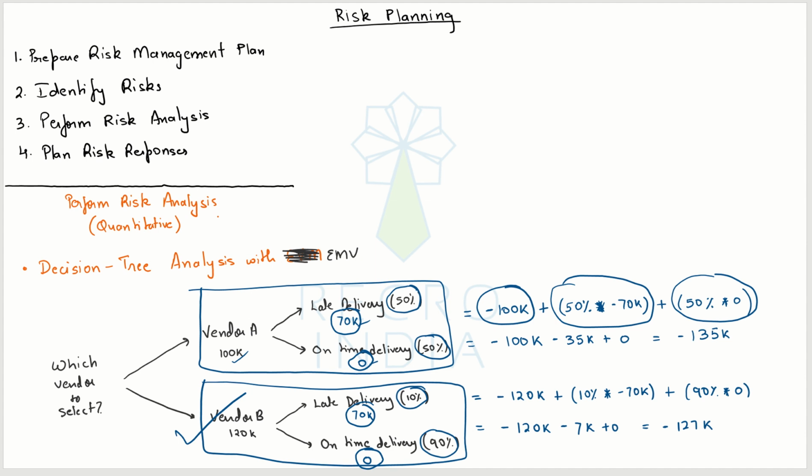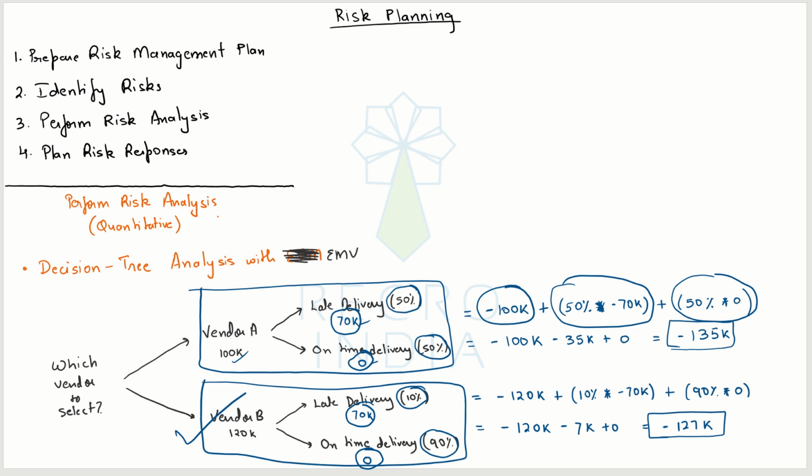So as a rule of thumb, we can say higher the value, the better it is. And in negative values, I'm sure you understand that -1 is bigger than -2. So in that sense also, minus 127 is a bigger value than minus 135. So we can say that we always go with the higher mathematical value of the multiple decisions.